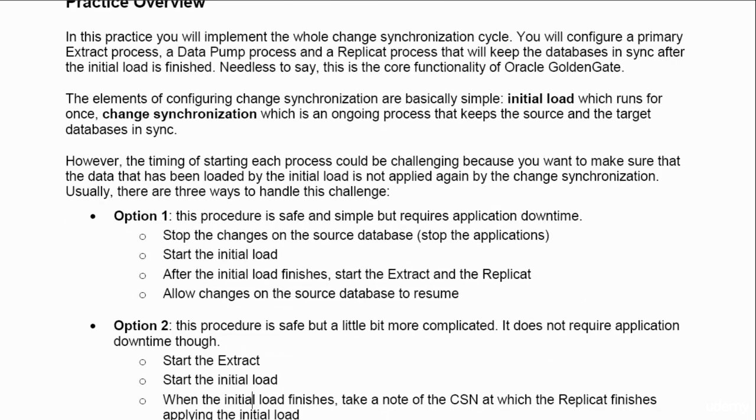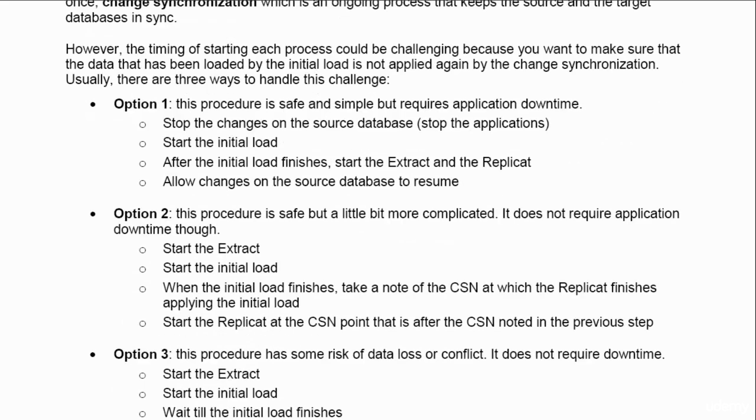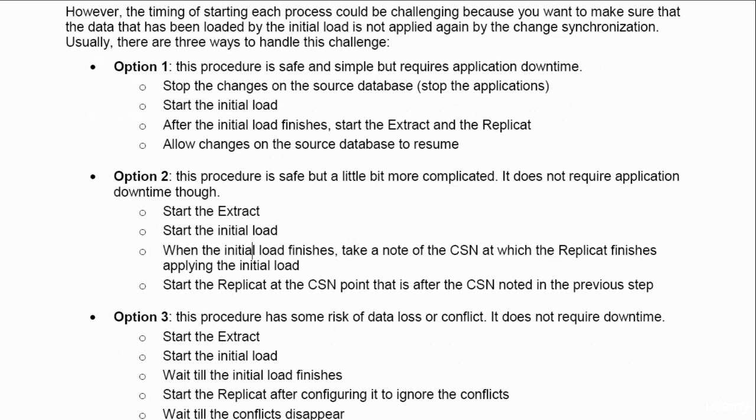When you plan for implementing a replication configuration with Oracle Golden Gate, you should find a way to avoid data overlap or data loss between the initial load and the data change synchronization. To handle this problem, you normally have three options.